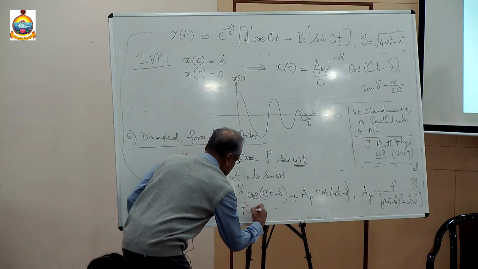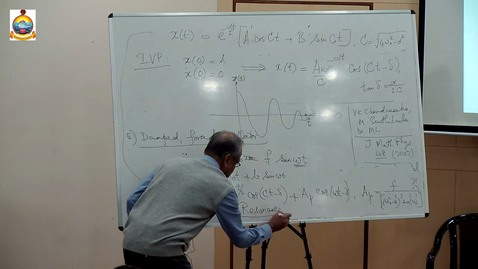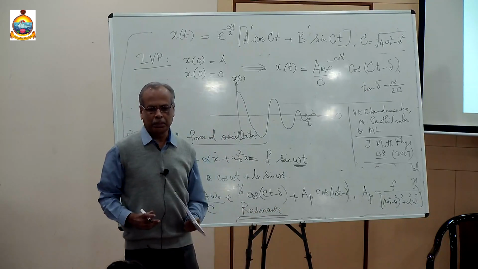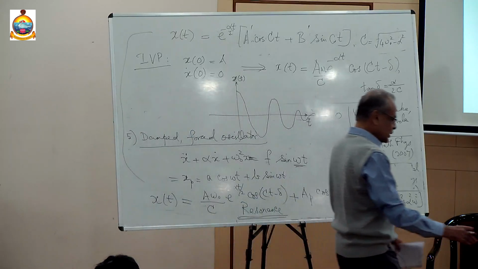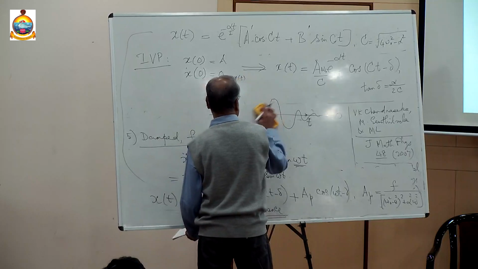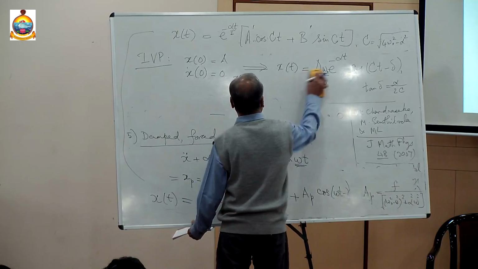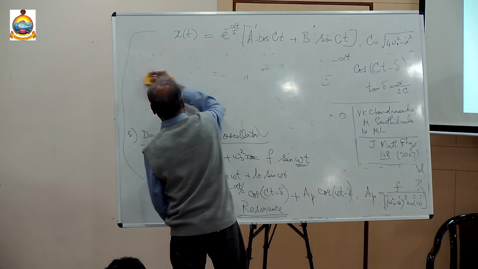So the phenomenon of resonance coincides with the external periodic oscillation. Okay. And this will lead to the notion of limiting periodic oscillation, the limit cycle, the notion of limit cycle.